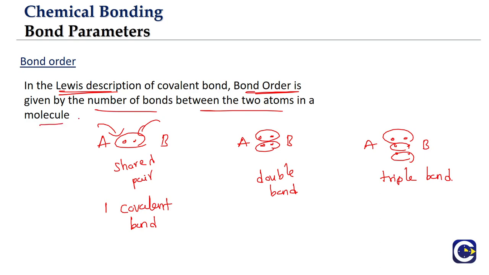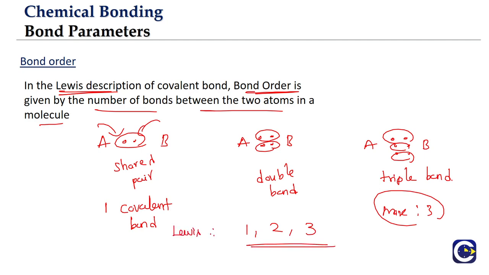So from the Lewis description, because the maximum number of bonds is 3, which we already discussed in the Lewis theory, the bond order between two atoms will be either 1, 2, or 3. This is what the Lewis theory talks about.